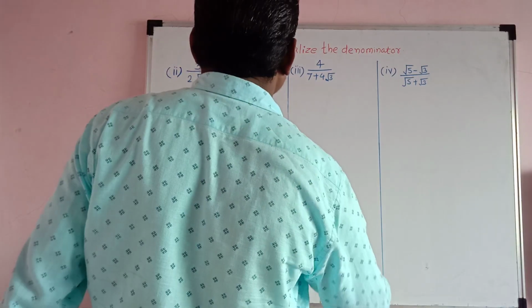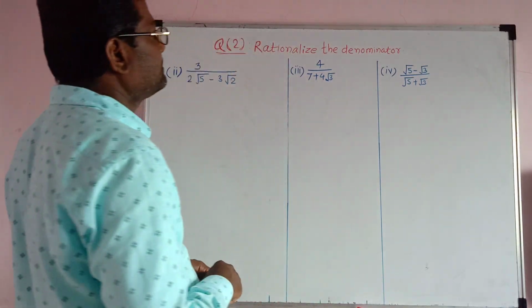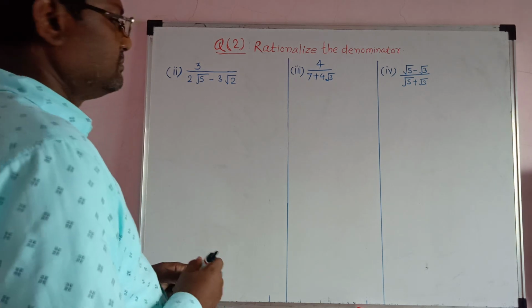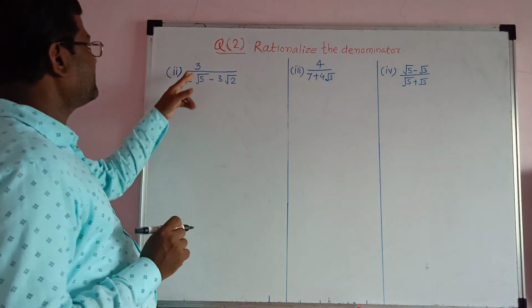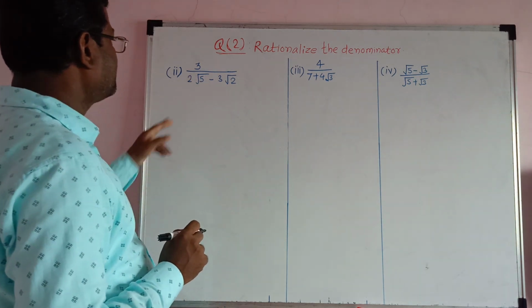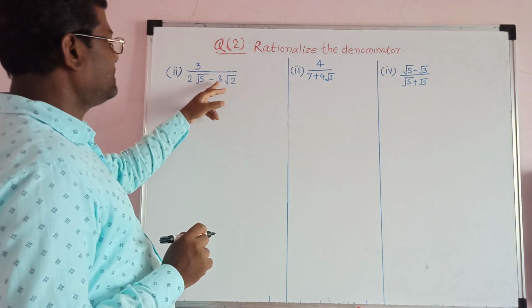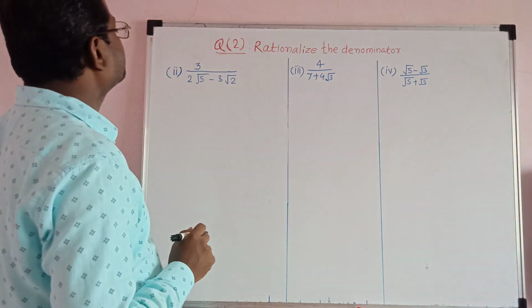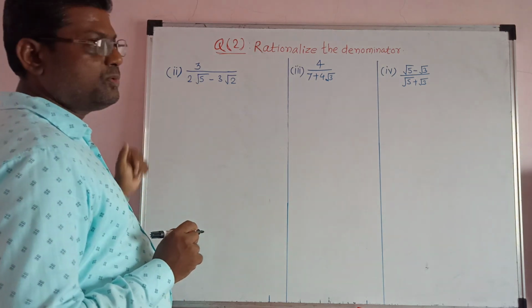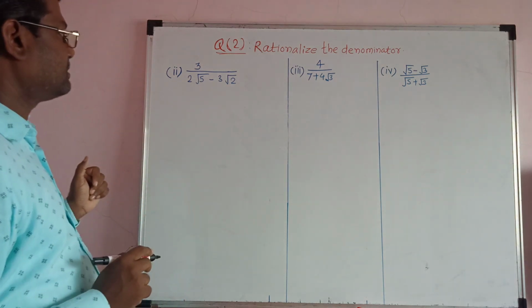Question number 2. Rationalize the denominator. Example number 1 is 3 upon 2√5 − 3√2. We have to rationalize the denominator.